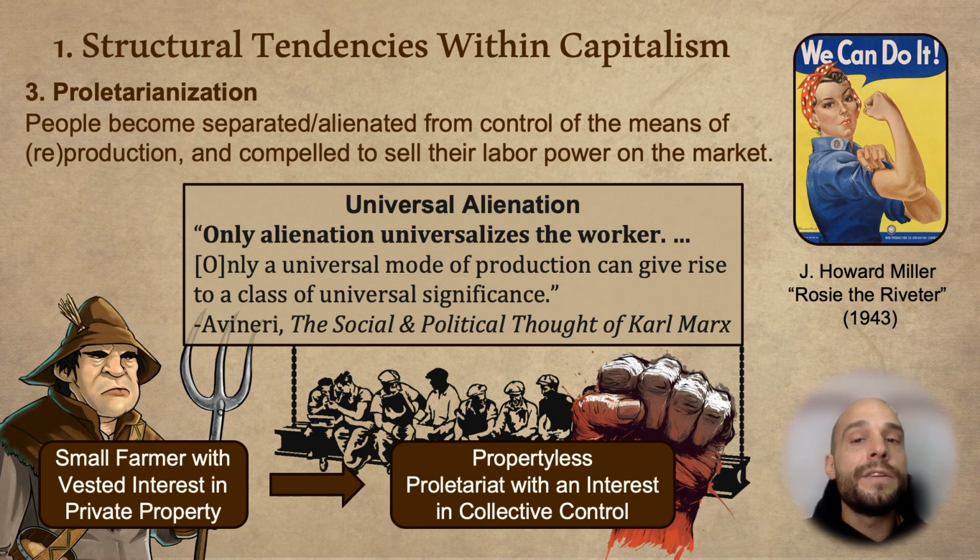Instead, alienation strips workers of particularistic identities at the level of production. Workers become interchangeable bearers of labor power, and exploitation becomes structurally common. This is what gives the proletariat its universal significance.